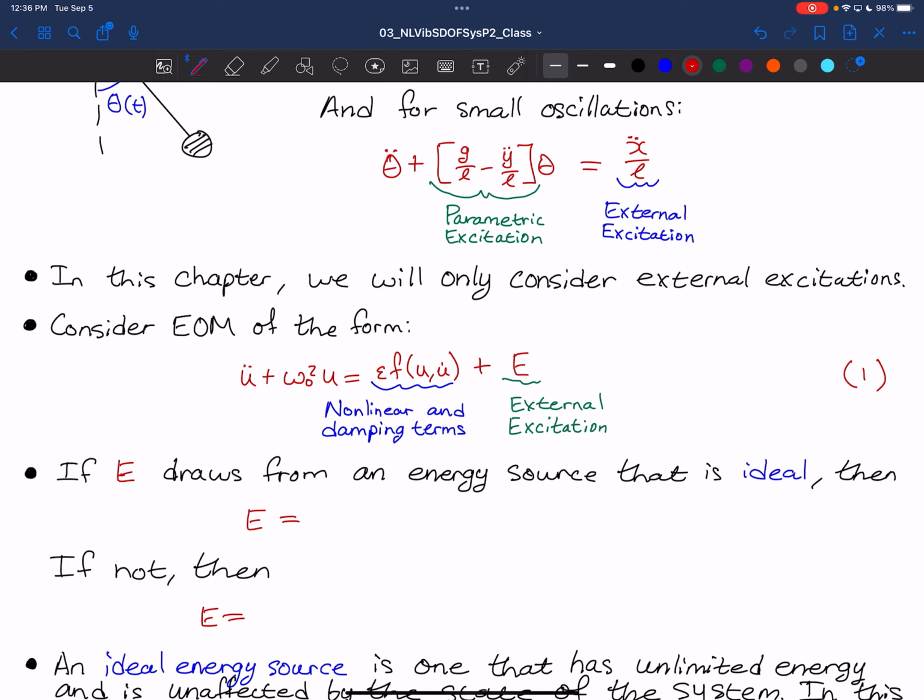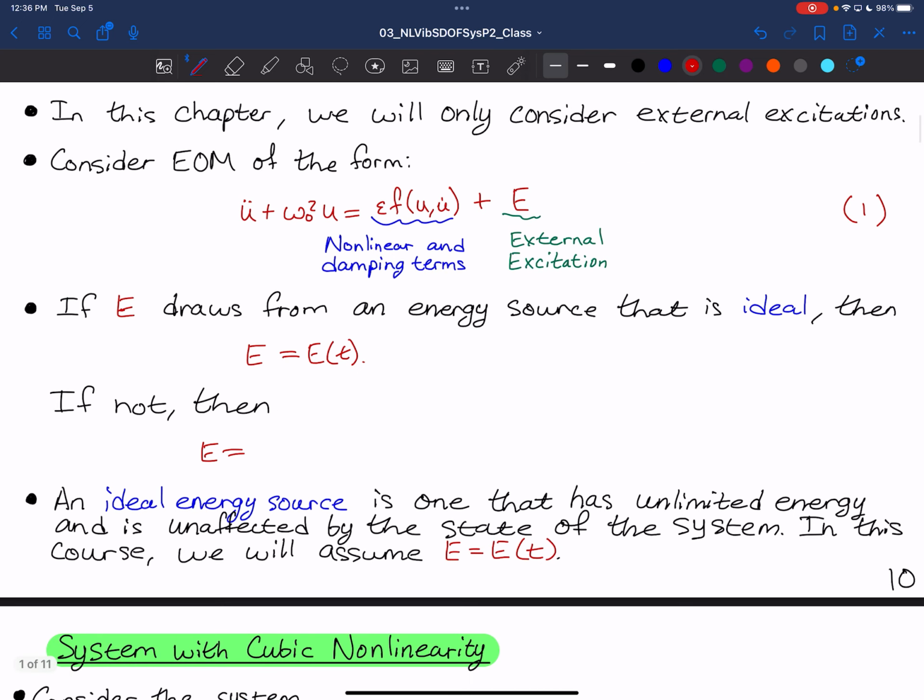If E draws from an energy source that is ideal, then we can say that E is just equal to E of t. In other words, it's only a function of time. It doesn't interact with the system itself. If that is not true, then the excitation E becomes a function of time, u, u dot, and u double dot, meaning that there's some kind of coupling between the excitation source and the actual structure itself.